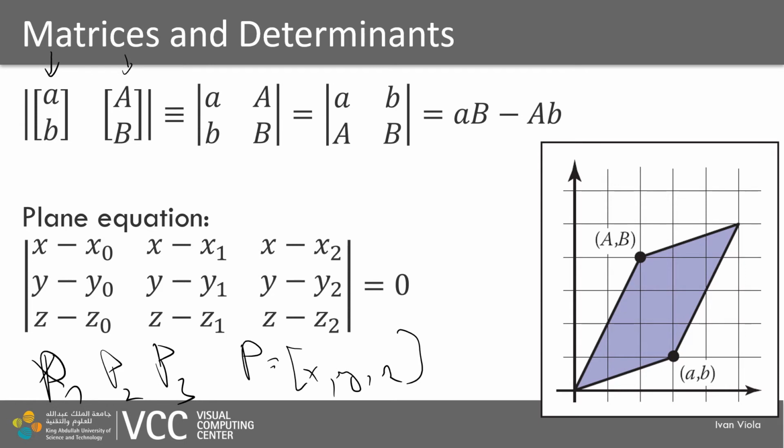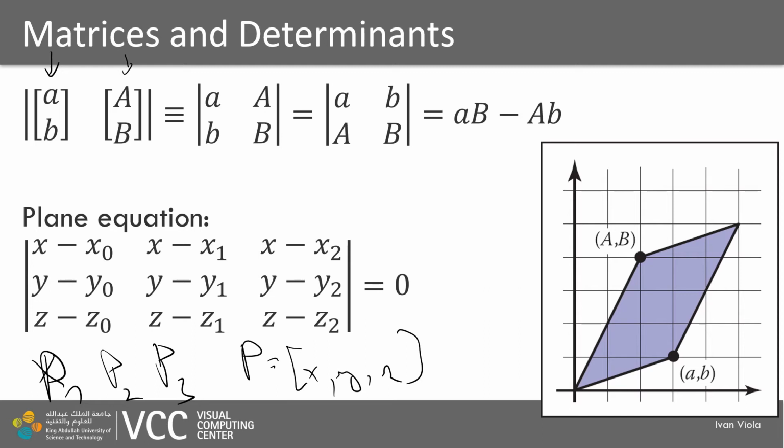If these 3 points form a plane, and our next point lies on the plane, it will mean that the volume spanned by the vectors p1p2, p1p3, and p1p will be equal to 0.